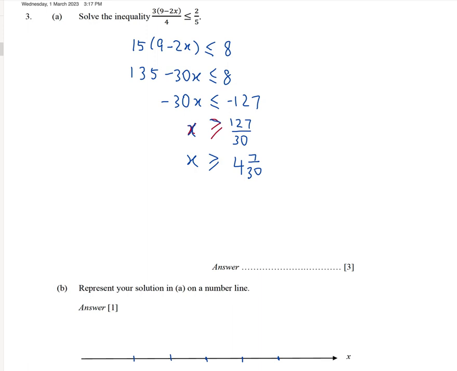And we put 3 here, 4, 5, 6, and 7. So 4 and 7 over 30 is somewhere here. And since it's greater than or equal to, we have a solid dot.